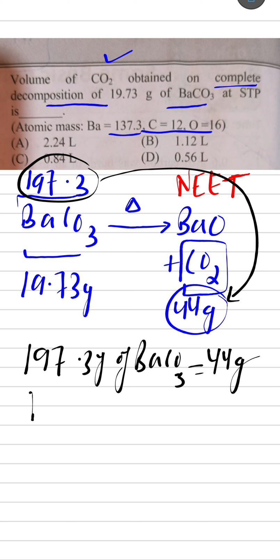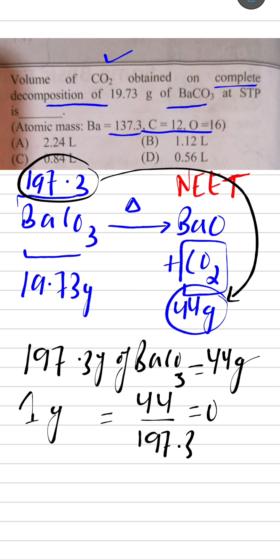Then 1 gram will obviously produce 44 upon 197.3, which comes out to be 0.22. So this much gram of carbon dioxide will be produced from 1 gram. Now in the question it is given that 19.73 gram of barium carbonate is decomposed.